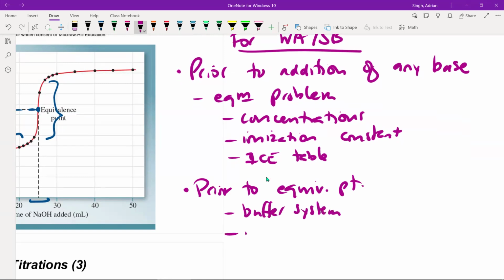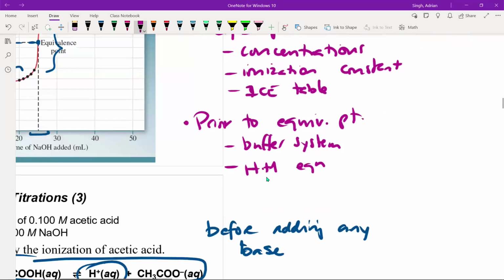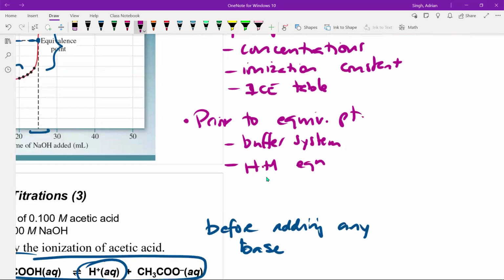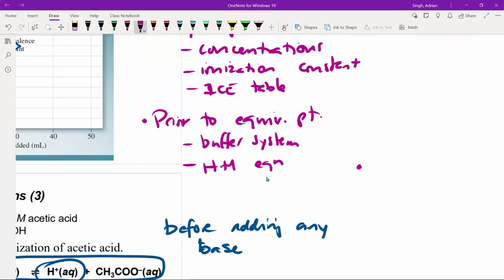So what we can use is the Henderson-Hasselbalch equation to solve for the pH. And then finally, after the equivalence point, the titration curve of a weak acid is identical to that of a strong acid.